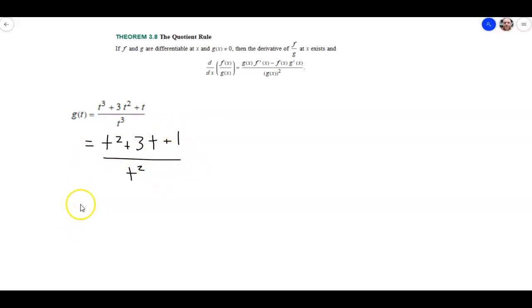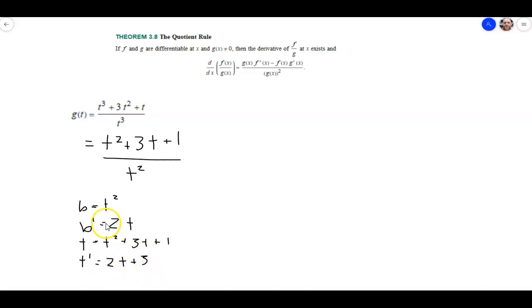So we have the bottom, which is equal to t squared. We need to know the derivative of the bottom, which is equal to 2t. And then we need to know the top, which is equal to t squared plus 3t plus 1. And also the derivative of the top, which is equal to 2t plus 3.